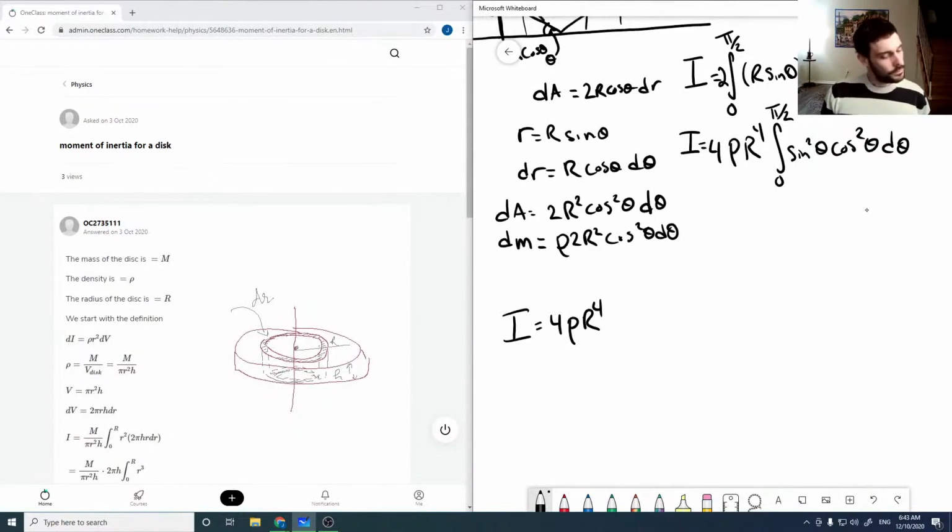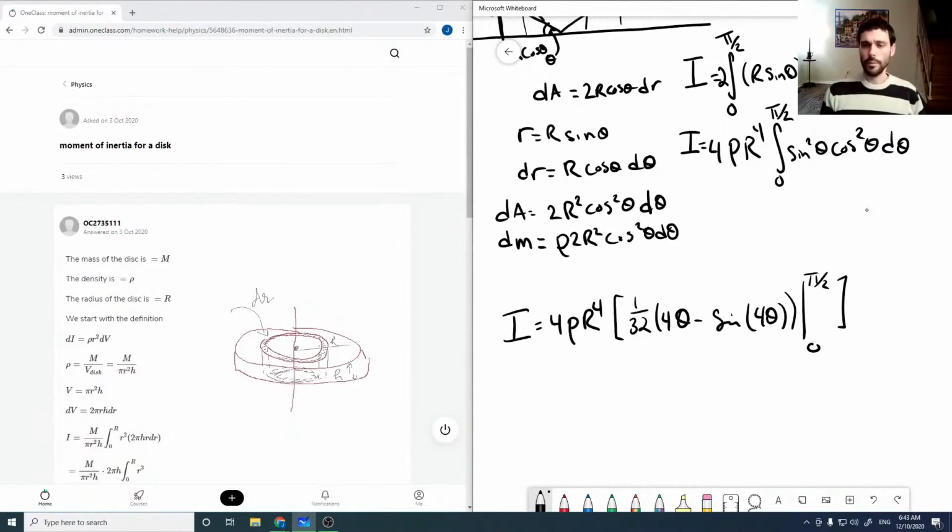And so the indefinite integral is 1 over 32 times 4 theta minus sine of 4 theta, from 0 to pi over 2.